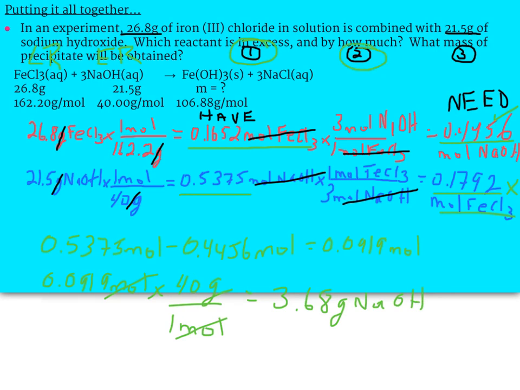My number 3 is asking how much precipitate will be obtained. Remember that the precipitate is going to be only made until the limiting reactant disappears. That means that what we need to pay attention to for our stoichiometry is our limiting reactant, which is our iron chloride. So now I'm going to do normal stoichiometry, starting with my iron chloride and going to my precipitate.